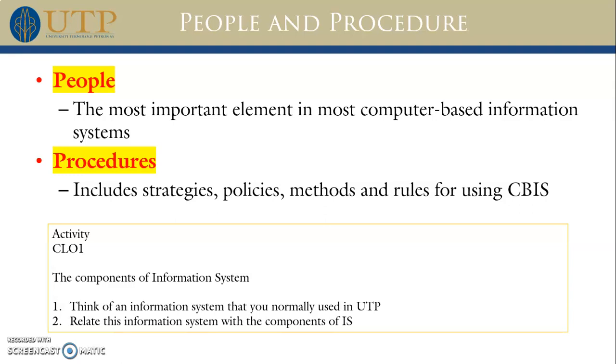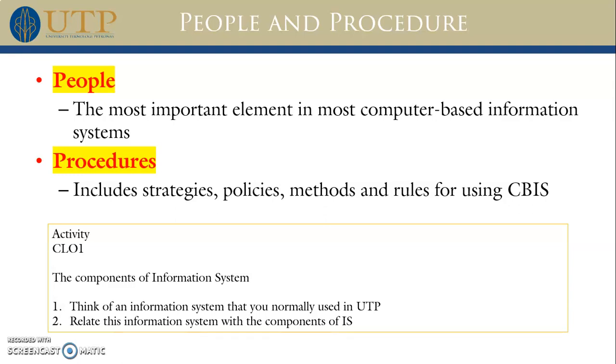Feel free to do this activity on the components of information systems. Think of an information system that you normally use in UTP. I'm sure there are some information systems that you use regularly. Try to relate this information system to the components. Also, please take note that all these information systems have a name.